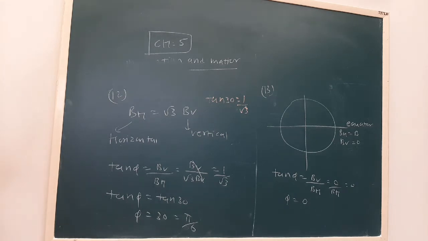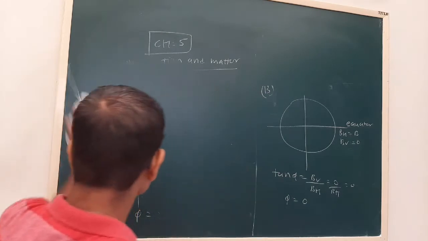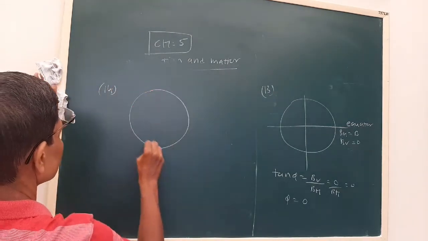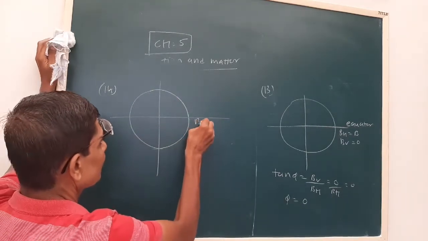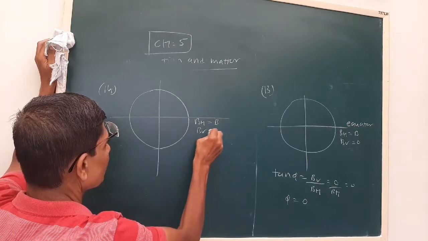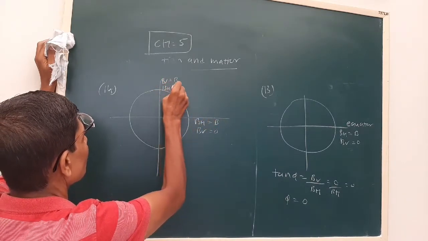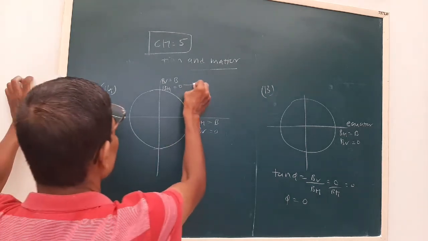Now see the next MCQ, a place where the horizontal component of the Earth's magnetic field is 0. See here, at the equator the vertical component is 0. Now the question is where the horizontal component of the Earth's magnetic field is 0.